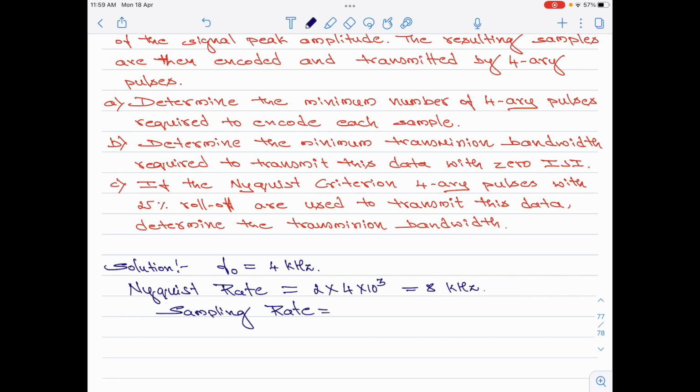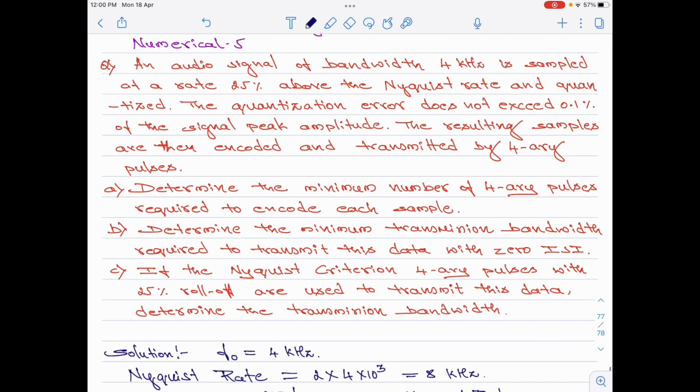So, this is 1.25 multiplied by the Nyquist rate, that is 1.25 multiplied by 8 kHz, which is equal to 10 kHz. This is the sampling rate of the audio signal.